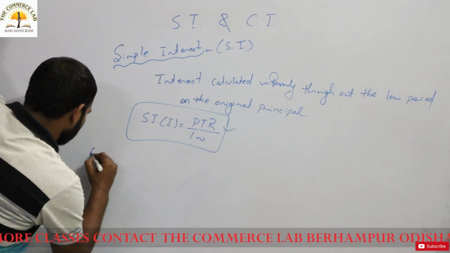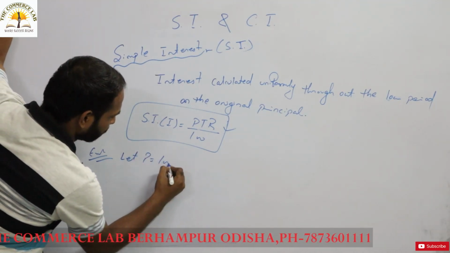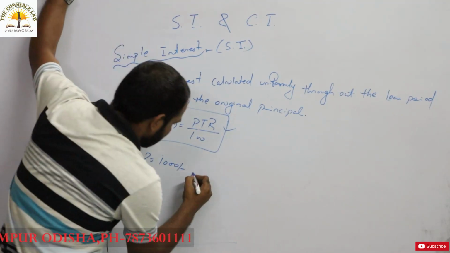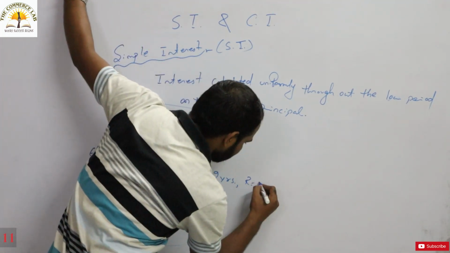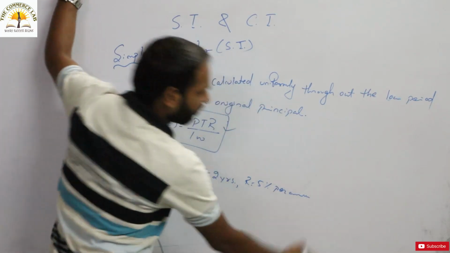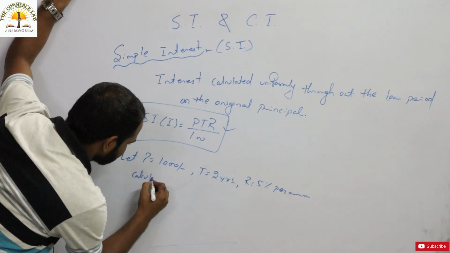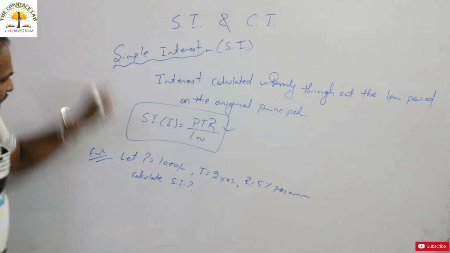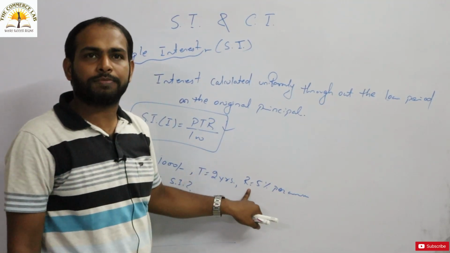Let's come to one example. Let P is equal to 1000 rupees, T is equal to 2 years, R is equal to 5% per annum. It's by default per annum. Then calculate SI. So it is given, P principal, T time period, R rate of interest 5 per annum.